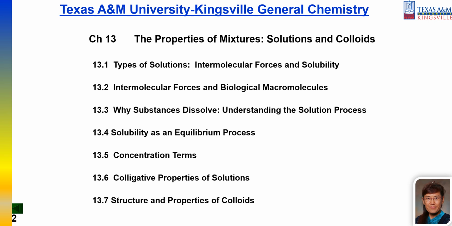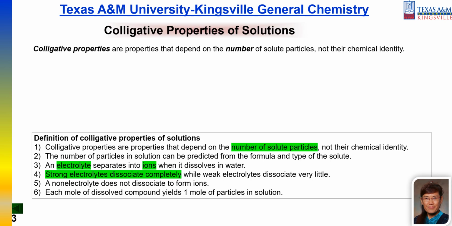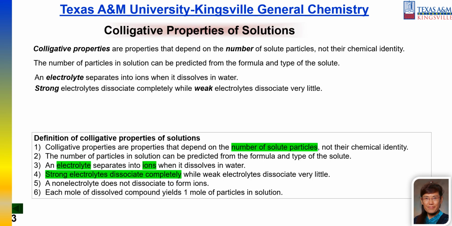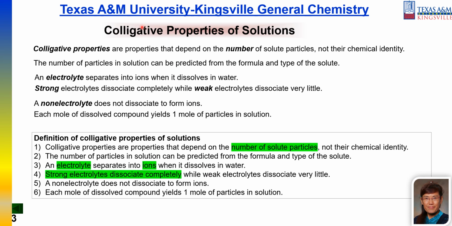We are more based on the concentration terms and then calculate 4 different colligative properties for 4 different types of solutions. Let's recall your colligative properties. You have 6 or 7 key points.